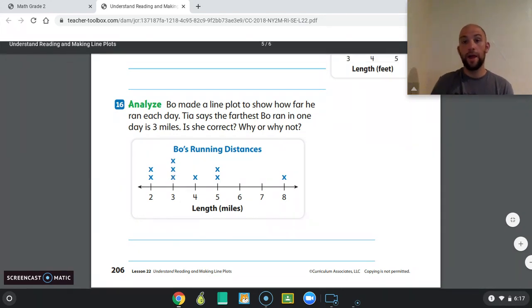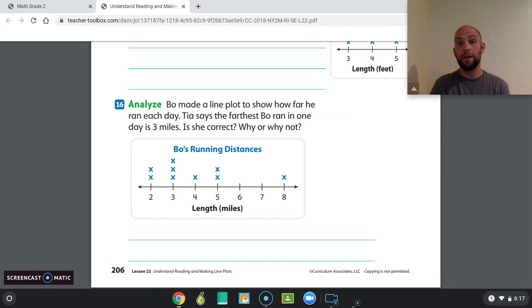But were there any days that Bo ran more than 3 miles, by looking at our line plot? So think about that. Are there any days on our chart here that show that Bo ran more than 3 miles? Right. He ran 4 miles, 5 miles, and 8 miles. It didn't ask if he ran 3 miles more times than any other day.